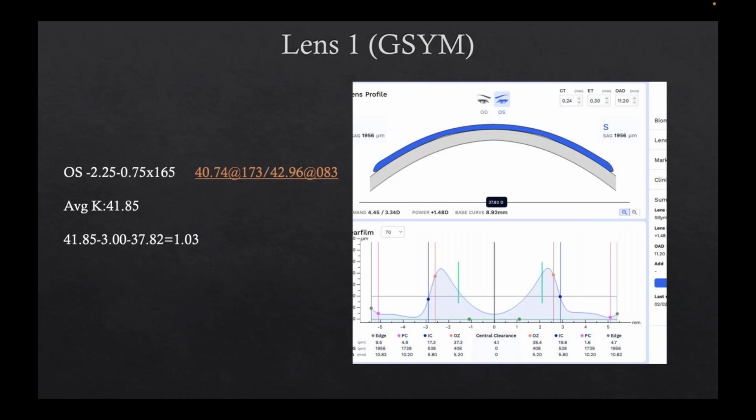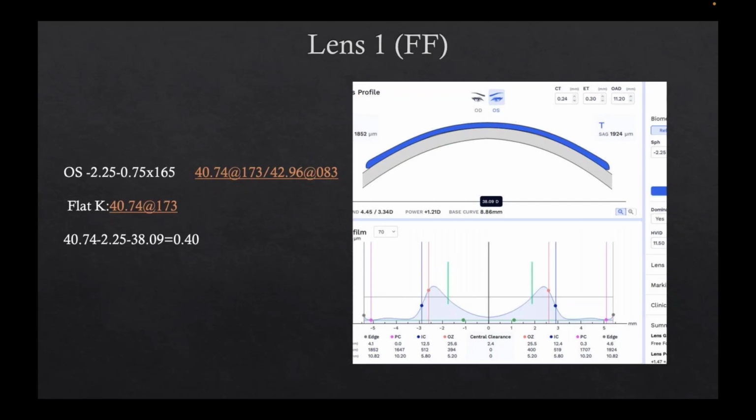So we have a higher Jessen factor. We're overcorrecting more in the meridian that has less power, and we're correcting less in the meridian that has more power. So that almost seems counterintuitive, right? Okay, so we're going to come back to that.